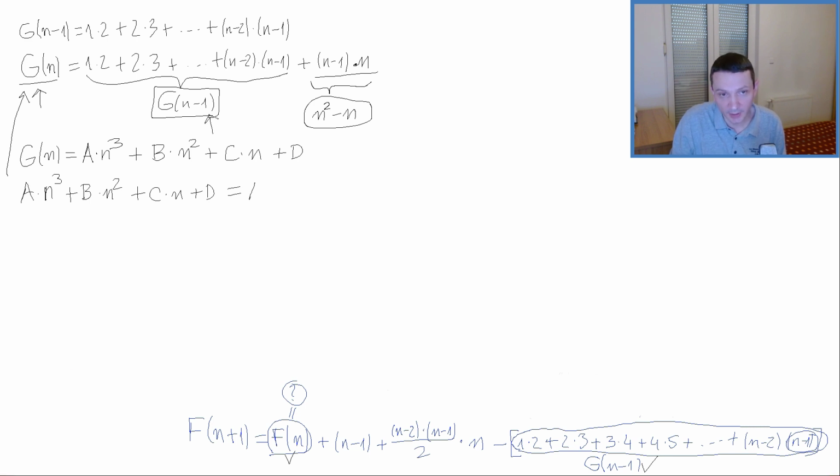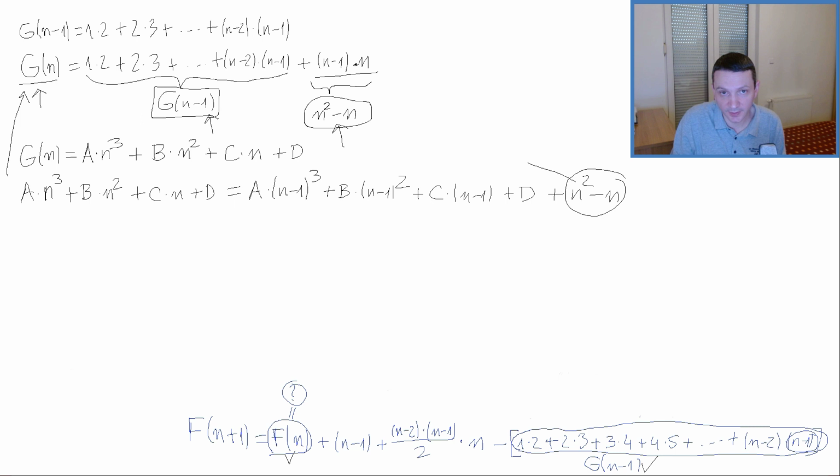So this will be the same formula, but with n replaced with n minus 1: a times n minus 1 cubed plus b times n minus 1 squared plus c times n minus 1 plus d, and also plus this term on the end, which is n squared minus n.